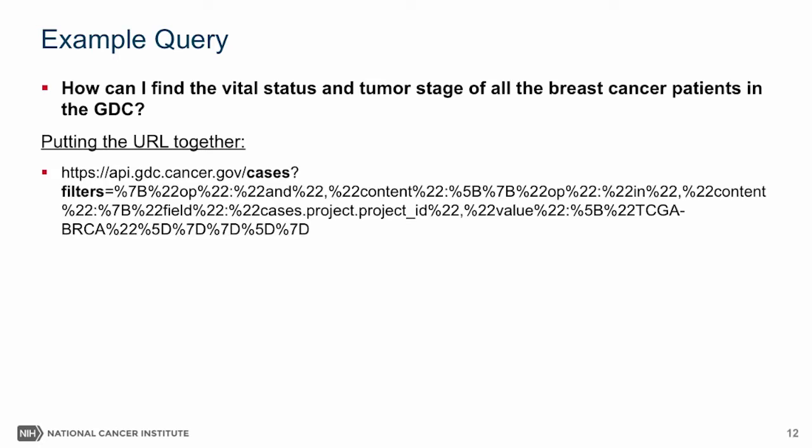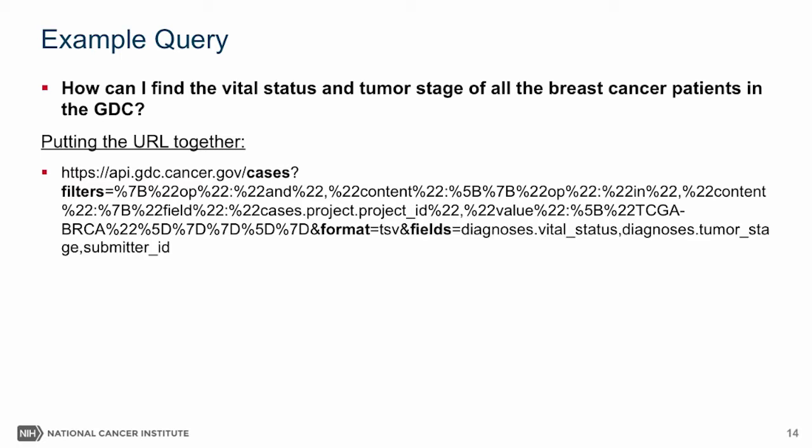The filters parameter is a %encoded JSON that filters the results to only cases in the TCGA BRCA project. For the format parameter, we have chosen TSV. The fields have been found using our data model. And lastly, we've chosen a size of 10,000 to ensure enough results are returned.